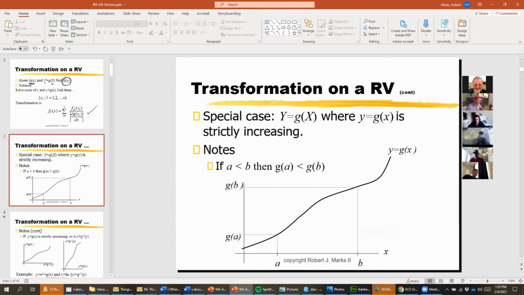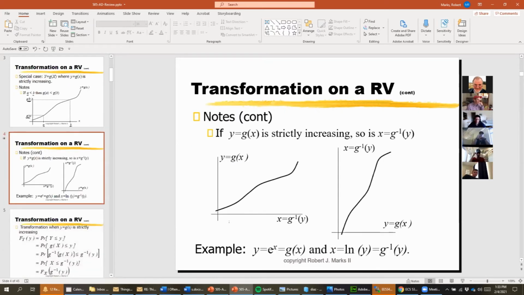Now, if it's strictly increasing, if a is less than b, which we see down here, then it turns out g of a is going to be less than g of b, right? And this is kind of cool because it allows us to maintain inequalities. So with that, let's begin to look at a transformation on a random variable when it's strictly increasing.